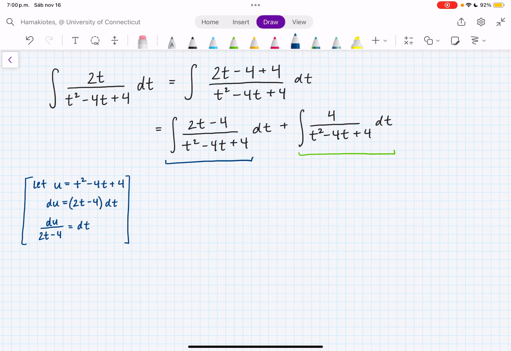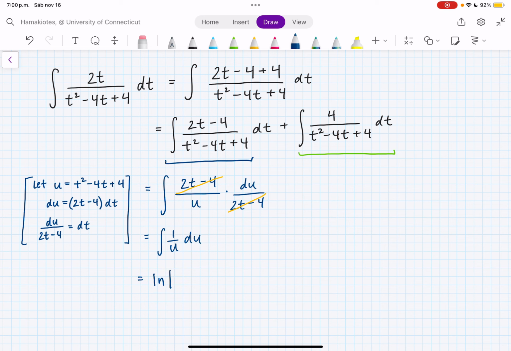So this integral becomes, let's see, we don't know what to do with 2t minus 4, so let's just leave that there for now: 2t minus 4 all over u times dt. What's dt? Well, we just computed it. It's du over 2t minus 4. That's exactly what I have in the numerator, so these cancel out, and I'm left with the integral of 1 over u du, which we know how to evaluate.